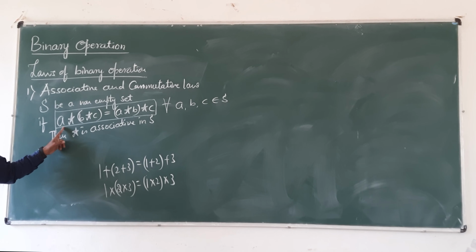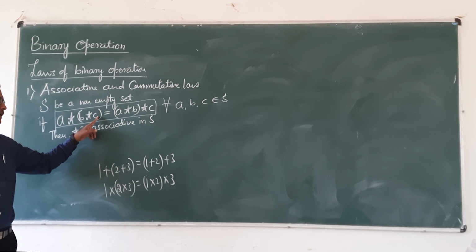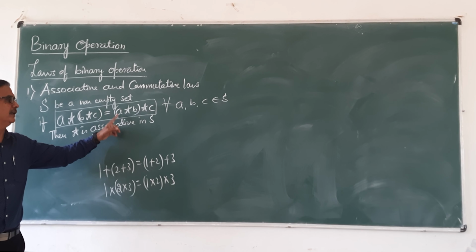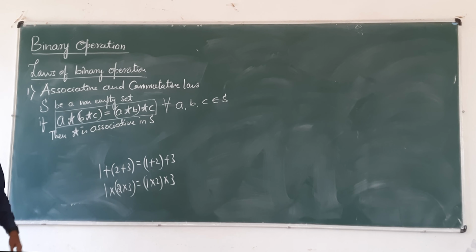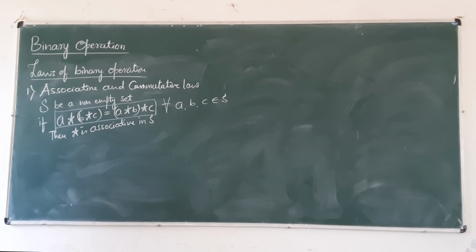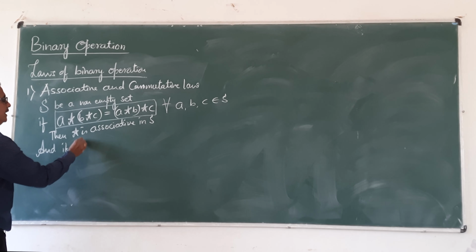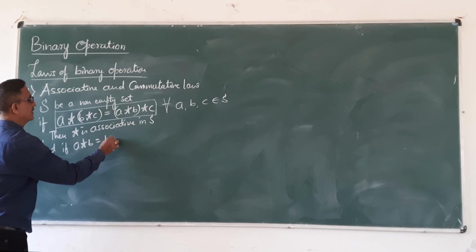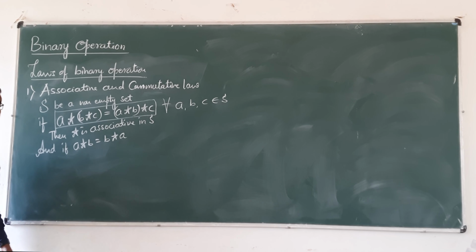Okay, in general, if A star (B star C) is equal to (A star B) star C, if this condition is satisfied, then star is said to be associative in S. Whereas if A star B is equal to B star A, remember that is symmetric property.